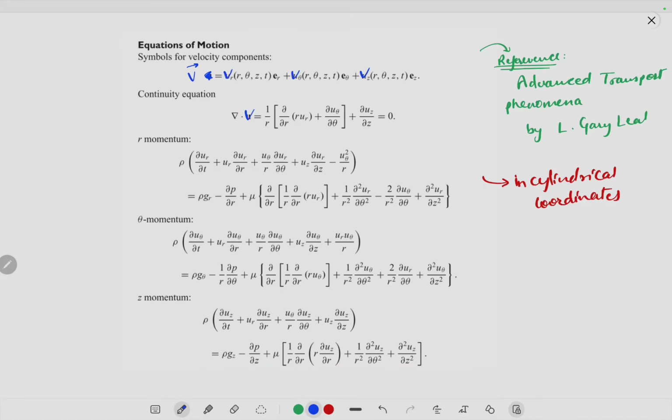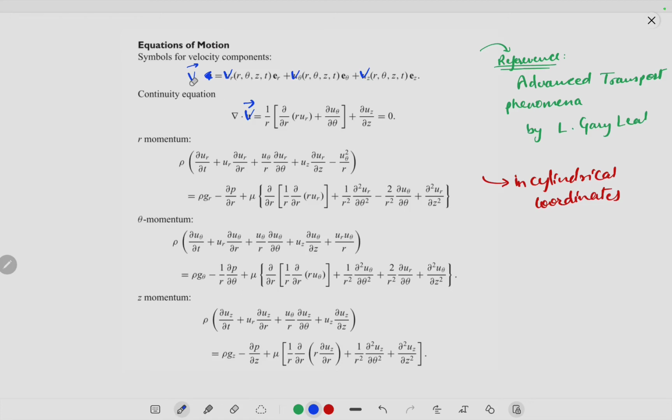You can write ur as vr, u theta as v theta, and uz as vz. It's simply replacing u with v if you want.